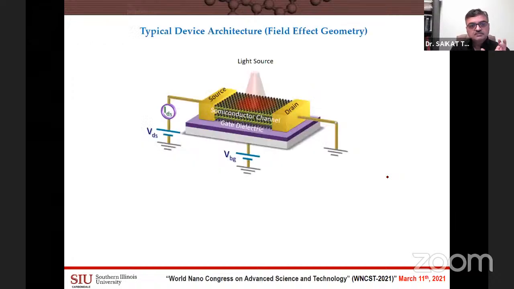The geometry is mostly the field effect geometry, where you have a source, a drain, and a backgate. Whenever I'm talking about a simple field effect transistor, there is no light, but in the same architecture, when we put light, we can do measurements related to photoconductivity and so on and so forth.